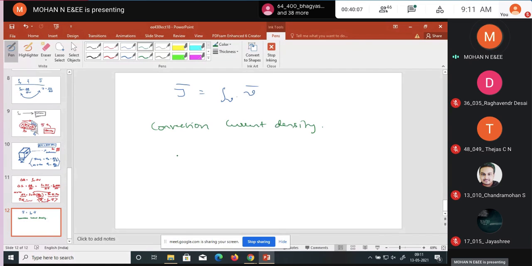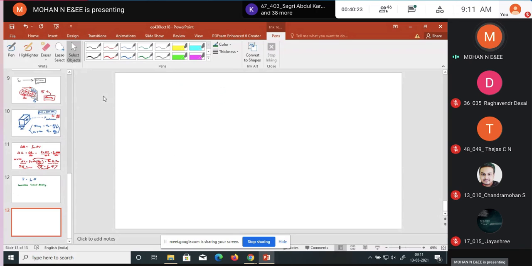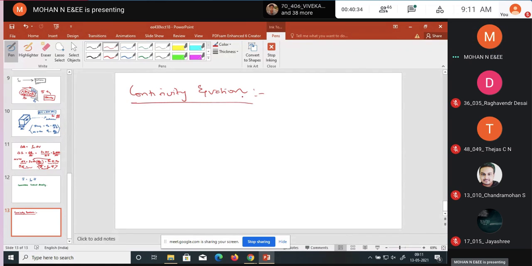This is how the current movement or charge movement takes place in any given medium. Yes, so next we should move on to one more concept, that is called the continuity equation.